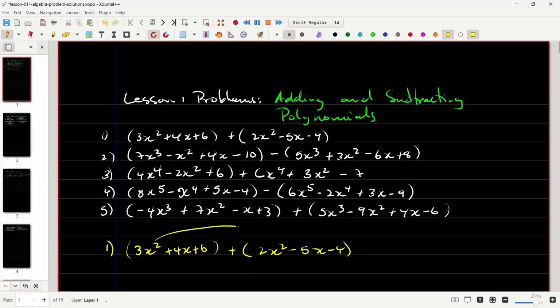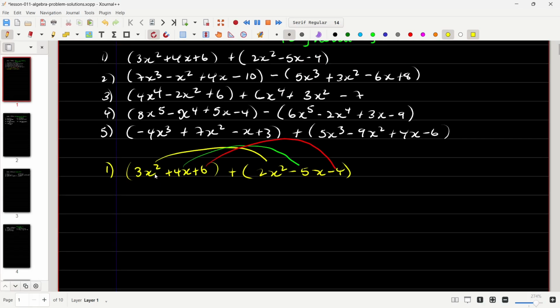When I say they're the exact same, I'm talking about their degree. They have the exact same degree. So this is second degree, first degree, first degree. So I'm going to have here 3x squared plus 2x squared plus 4x minus 5x plus 6 minus 4.